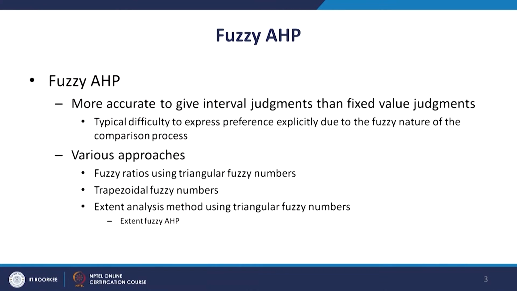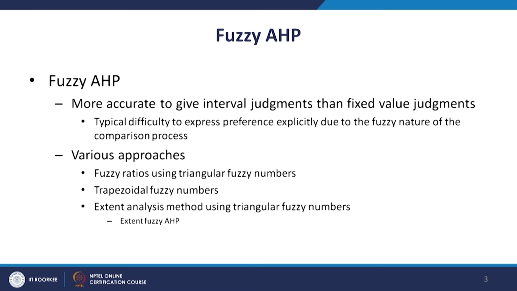To overcome that scenario, fuzzy AHP takes into account that it might be more accurate to give interval judgments rather than fixed value judgments or exact judgments. Sometimes it might be easier and more accurate as well to give interval judgments.